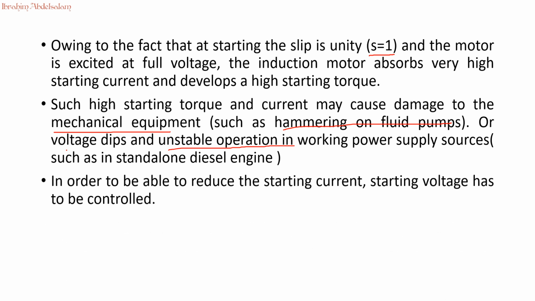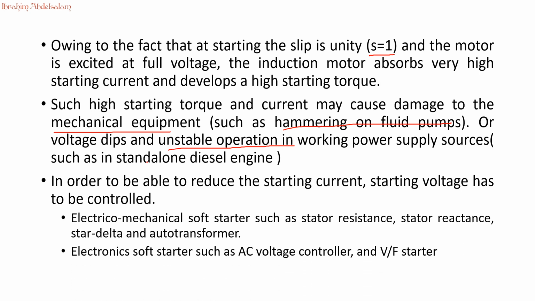In order to reduce the starting current, the starting voltage has to be controlled. We have two ways to control the starting voltage: electromechanical, like a soft starter, where we add resistances in series with the motor and remove the resistance in fixed steps until the motor reaches its rated speed.